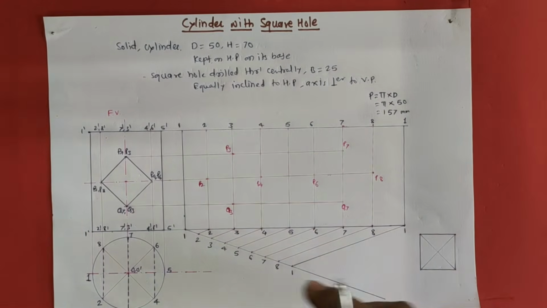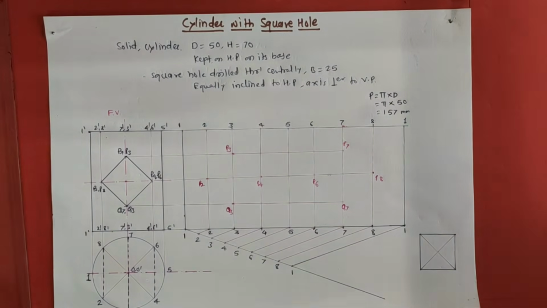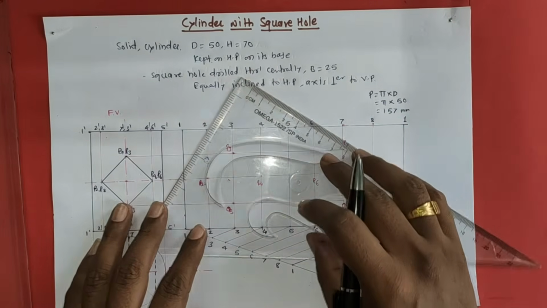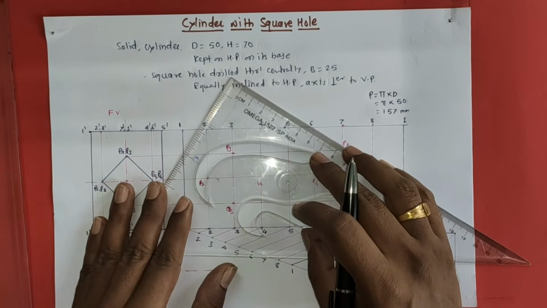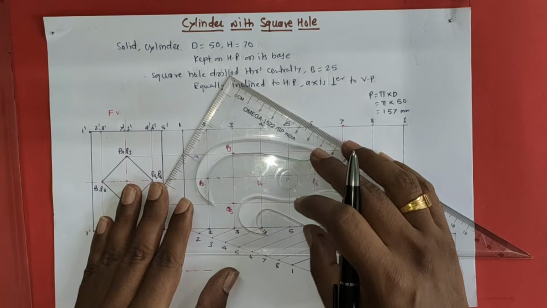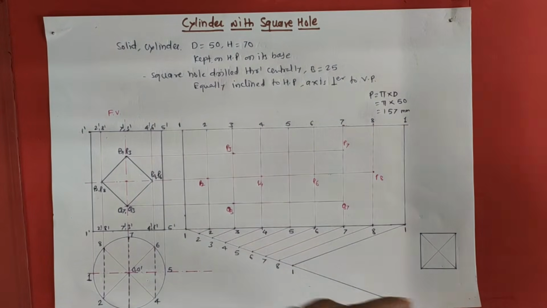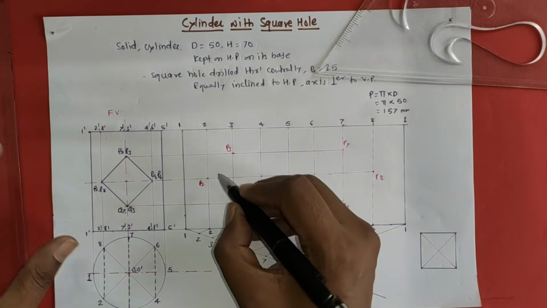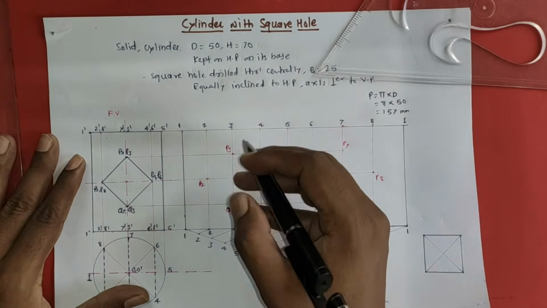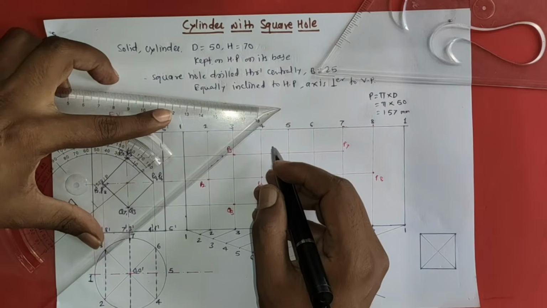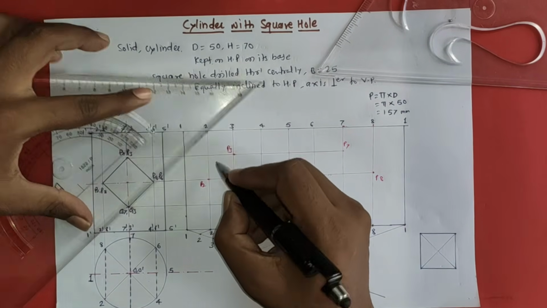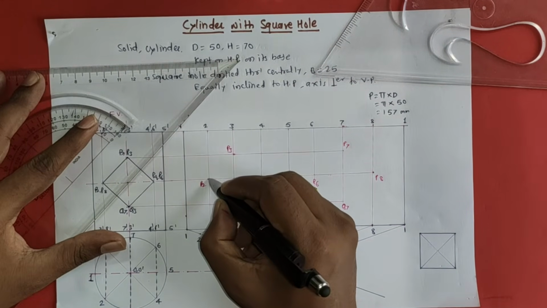I will start joining it from point P2. You can use a French curve to join these points. P2 to P3, it is not a straight line, so I will join it with a curve.